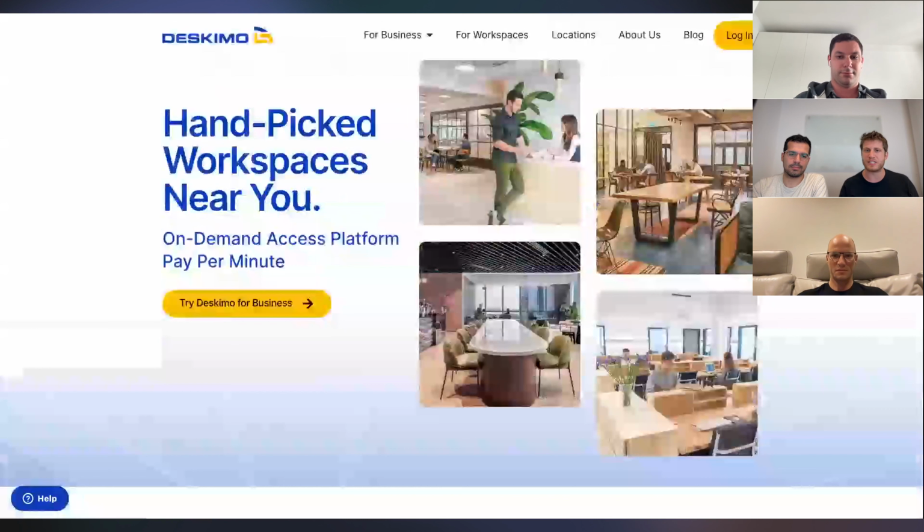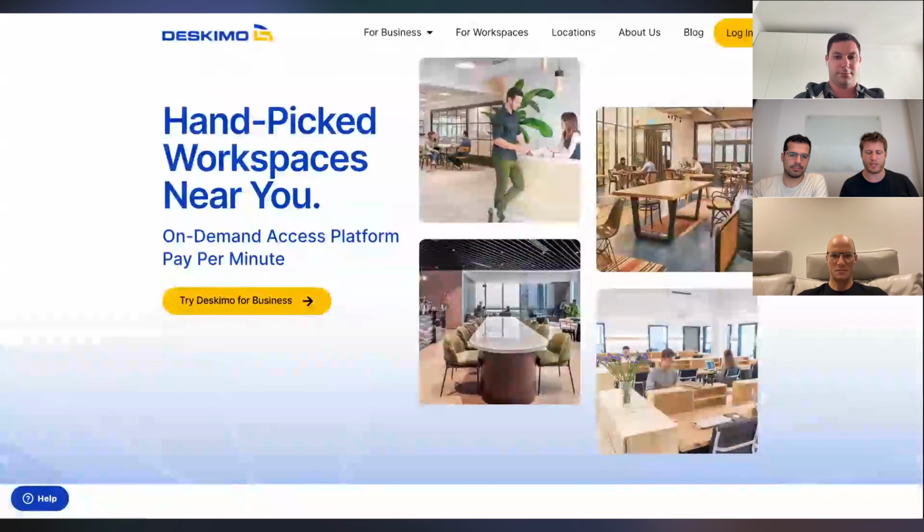I would love to see a cost breakdown between WeWork and other competitors, and how you have to pay maybe half day or a full day or a month, or weekly, versus Deskimo, which is pay per minute, and then showing the cost savings. Bonus points for making an interactive calculator.